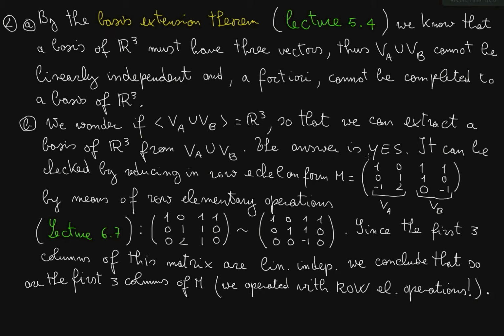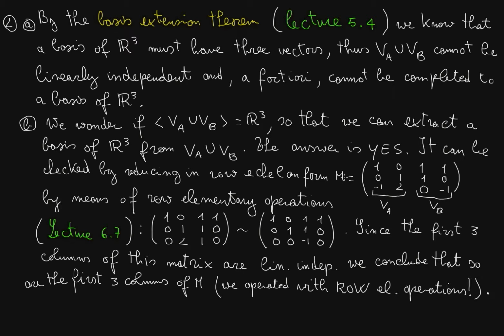One way of checking this is by forming the matrix M, defined by the vectors of VA union VB as columns. As you can see here, the first 2 columns are the basis VA, and the second 2 columns are the basis VB.